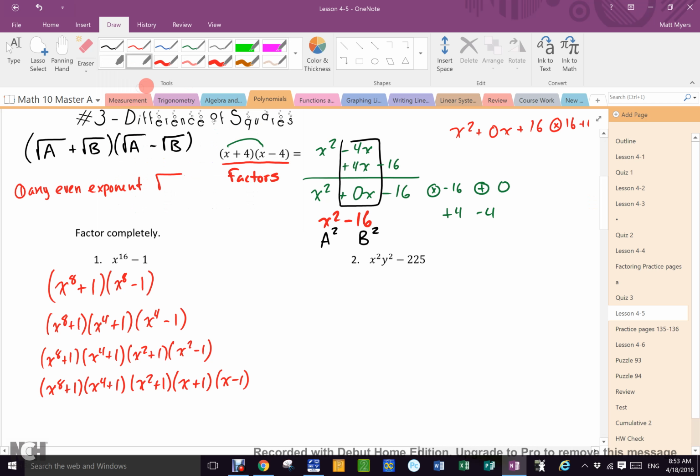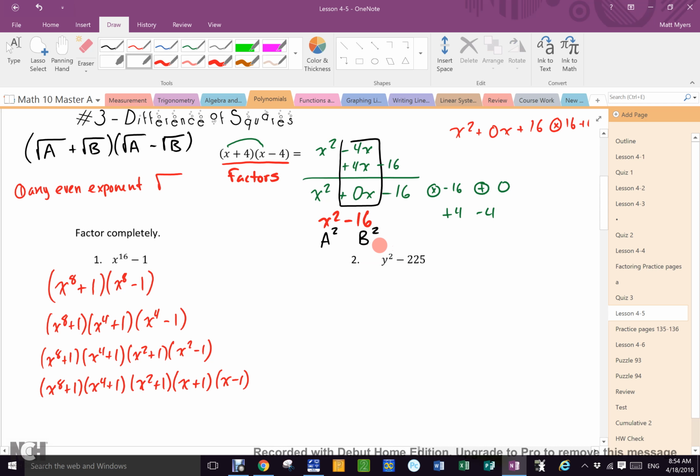If there was no y squared there, could you do that? x squared has a square root, doesn't it? And 225 has a square root, doesn't it? 15. So we could do it, couldn't we? It would be x plus 15, x minus 15, right? What if there was no x there?